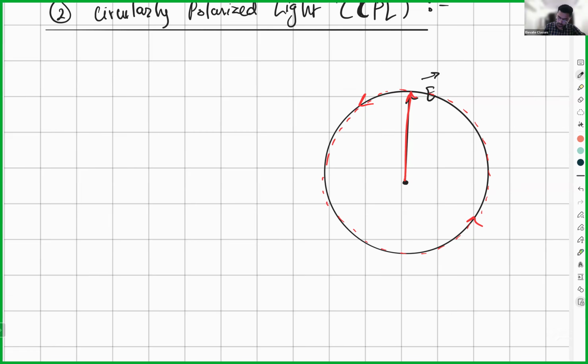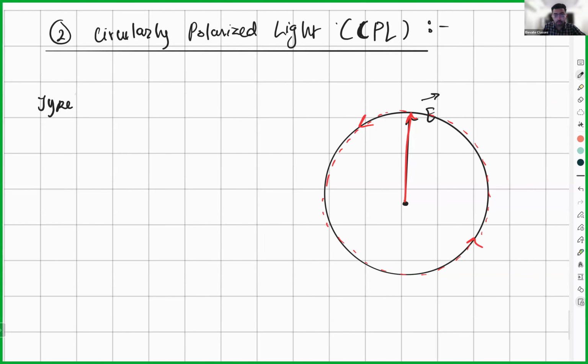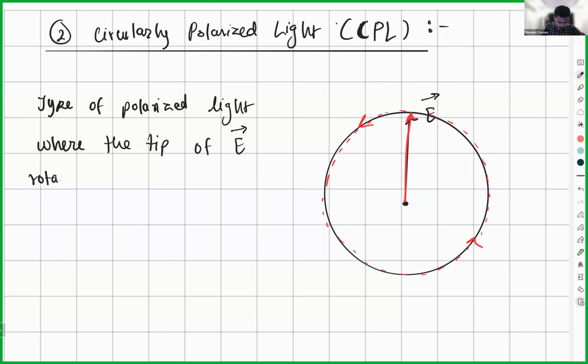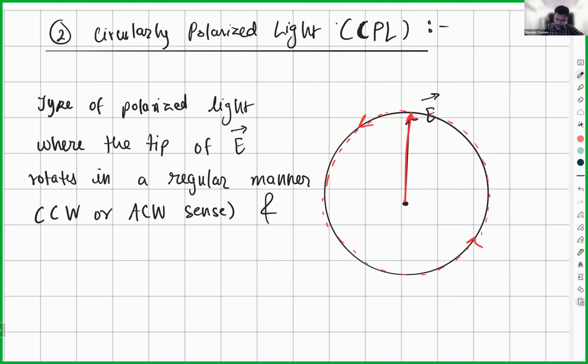So you can define it as follows. A type of polarized light where the tip of the electric field rotates in a regular manner, either in the clockwise or anti-clockwise sense, and the tip of the electric field traces a circle.